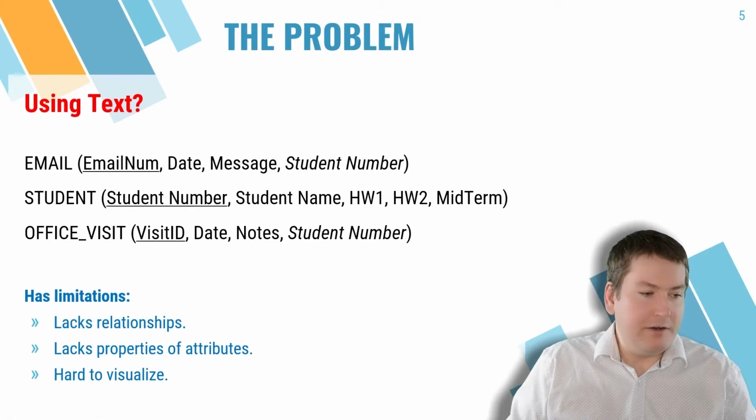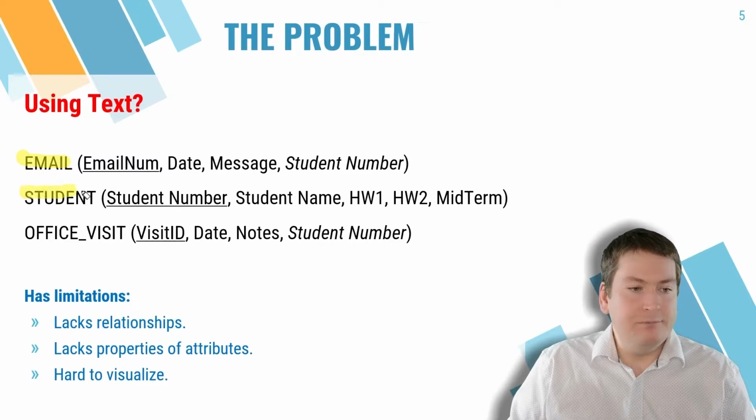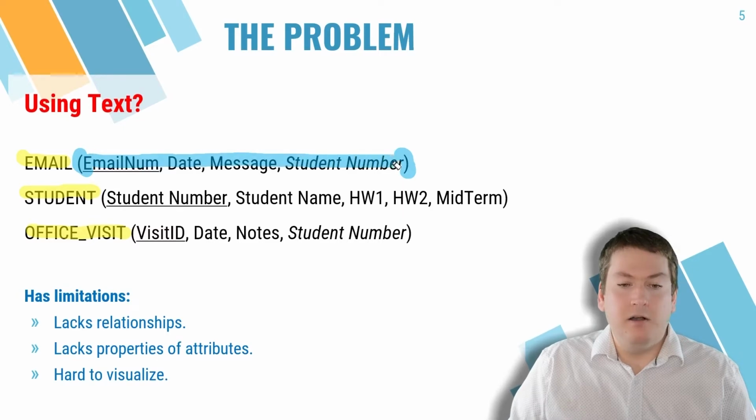You can see here that the table names are in all capitals at the start of each line. Then inside these brackets here, we have all of the fields that this table will have.